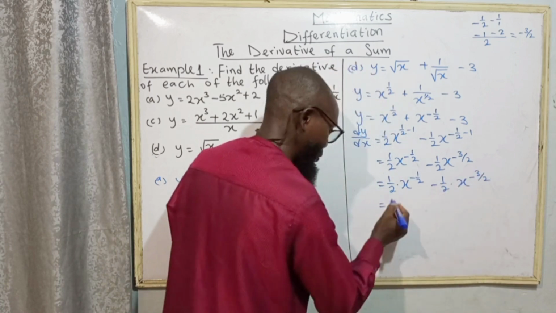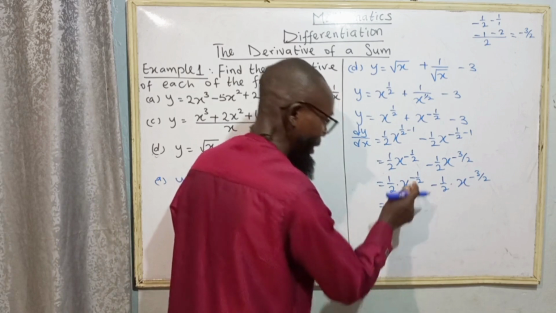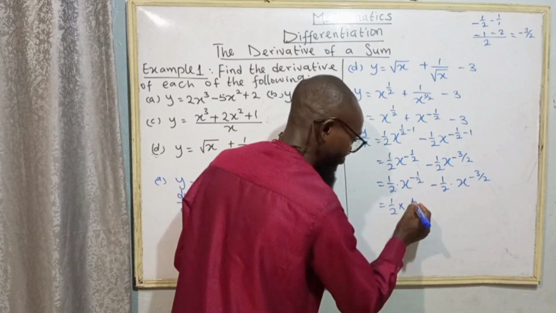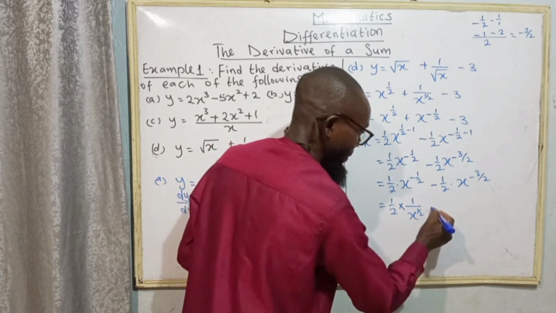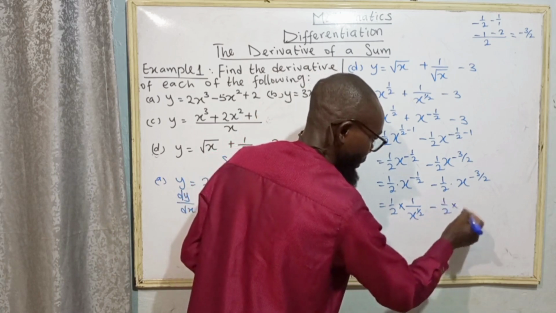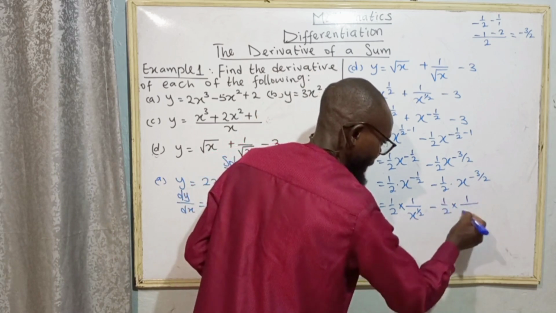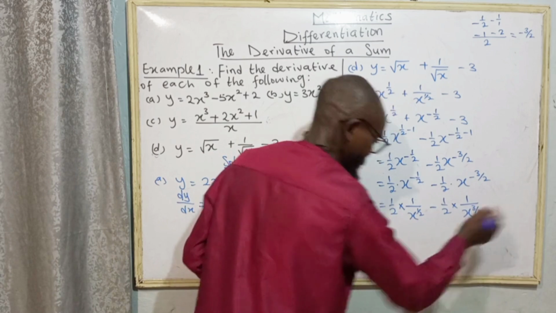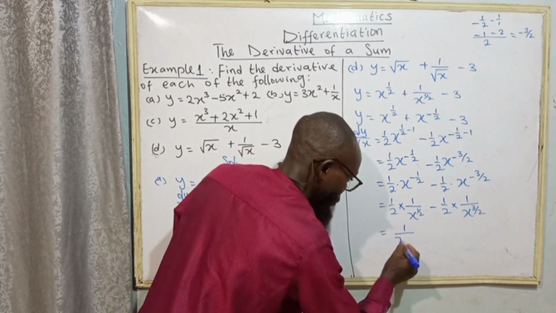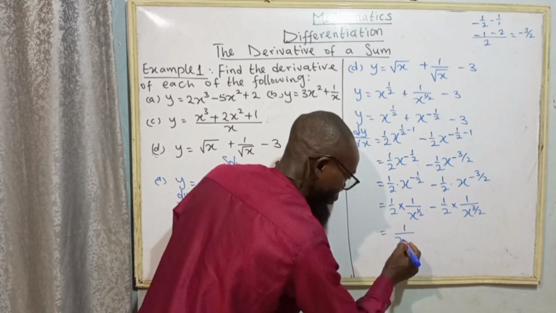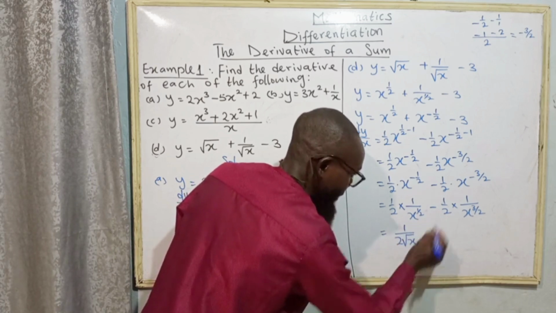Now let's change. 1 over 2 multiplied by, this minus will change to 1 over x to the power 1 over 2. Then minus 1 over 2 times, minus changes to 1 over x to the power 3 over 2. So we now have 1 times 1, we have 1 over 2. Then this 1 over 2 changes to square root of x.